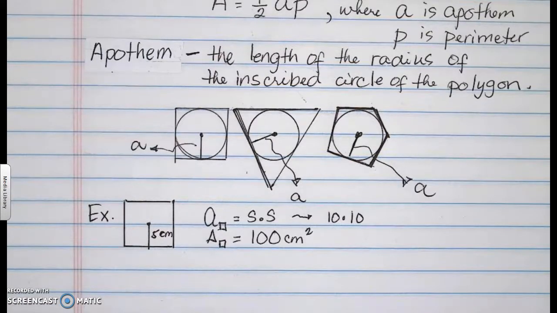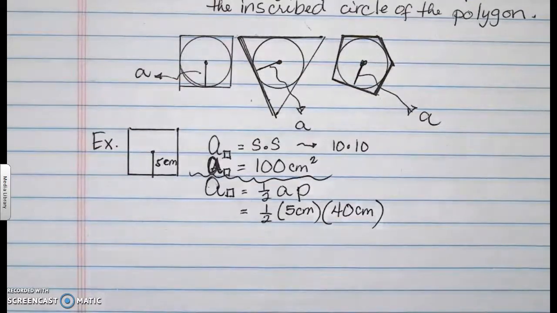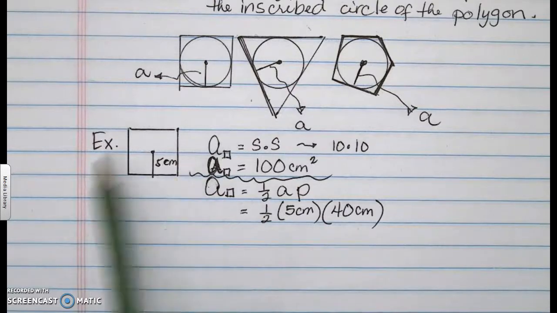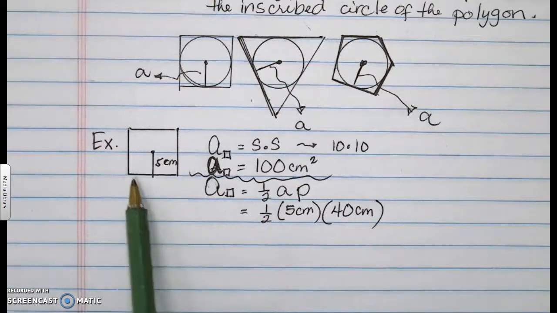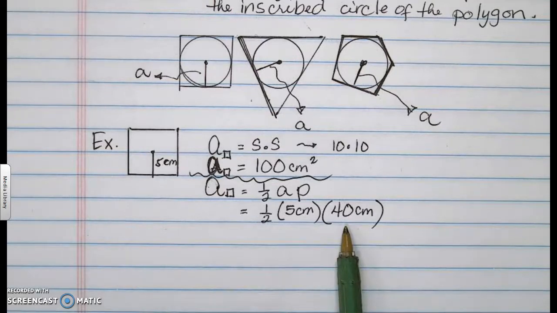I want to also show you how to use the formula using 1/2 apothem times perimeter. My apothem is given as 5 centimeters, and my perimeter is 10 times 4, which is 40 centimeters.